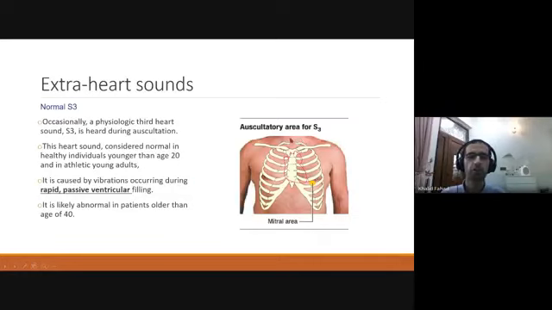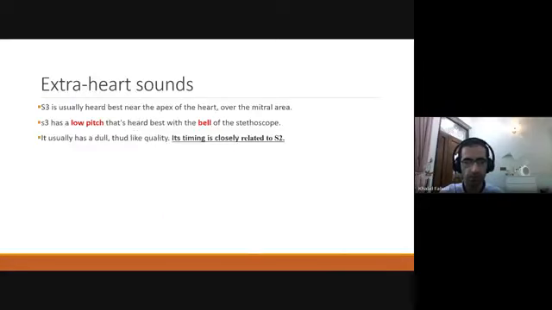So you will hear two sounds, the second heart sound and the extra heart sound, which we call the S3. It is usually very close to the second heart sound, meaning after disappearance of the pulse. Thank you for the question. So please, do you have any other questions?